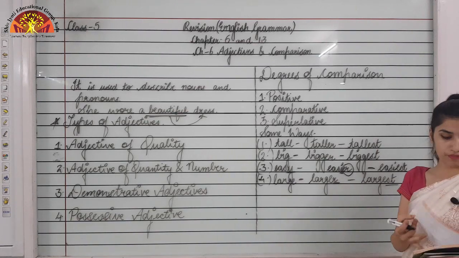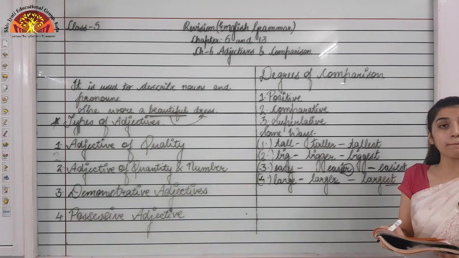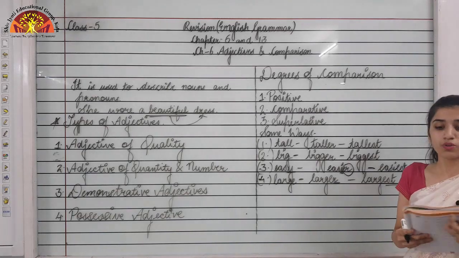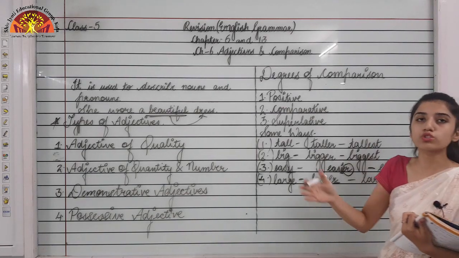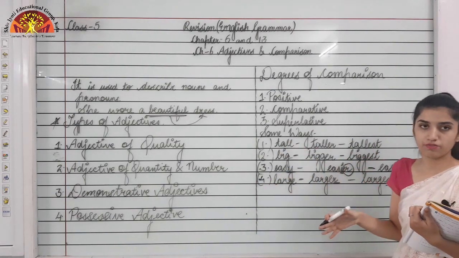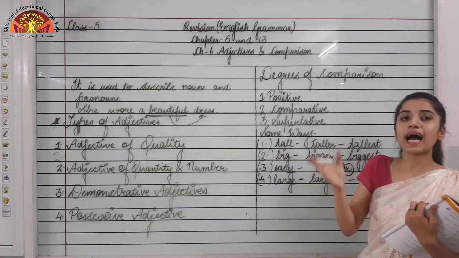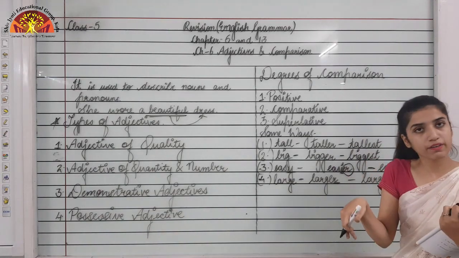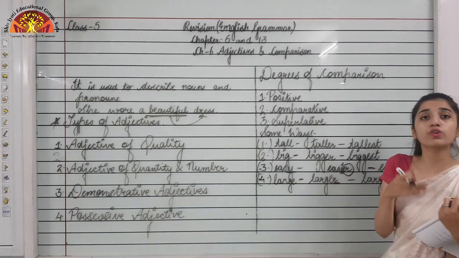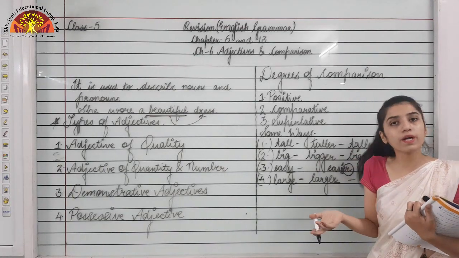Now moving to the fifth rule that we have on page number 28, you can find it. What we have to do is add more and most to the adjective. We add more before the adjective to form the comparative degree, and we add most before the adjective to form the superlative degree.